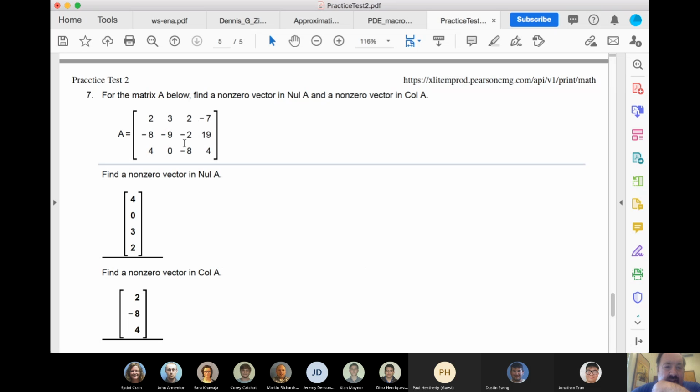For example, if x3 and x4 are free variables, you pick something that's not all zeros, and then you solve for x1 and x2 in terms of your free variables, using substitution, and that'll give you a vector that belongs to the null space of A. So that's the procedure to follow in that case. These subspaces, like any subspace, have infinitely many vectors, but you just need to pick out one.